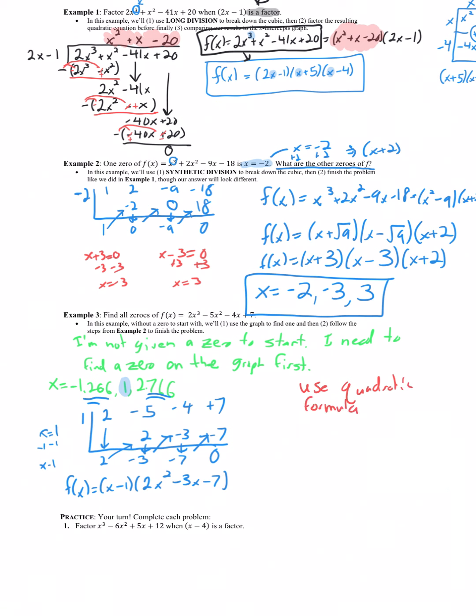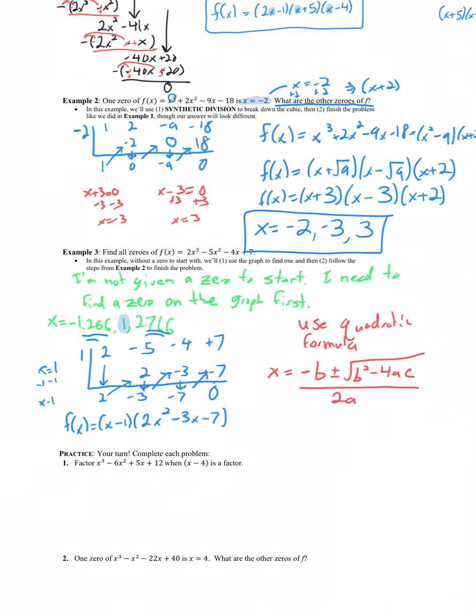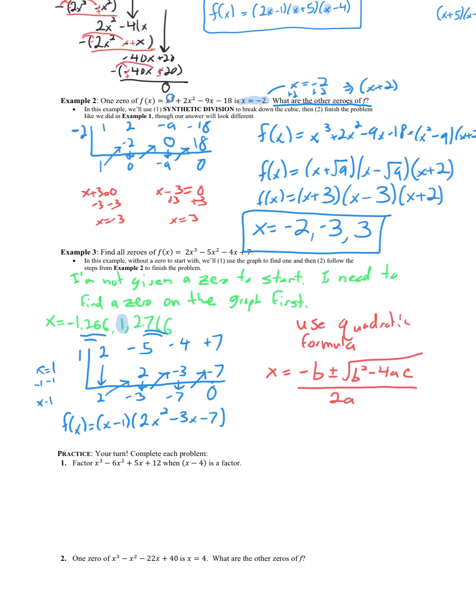And the quadratic formula, we might remember, x equals -b plus or minus the square root of b squared minus 4ac, over 2a. So in this particular problem, I want to find the exact x-intercepts, or the exact zeros, not the approximations of -1.266 and 2.766. So I need to use the quadratic formula in order to do that.